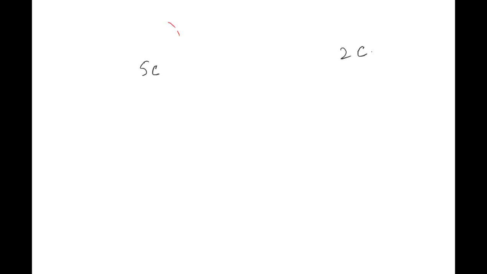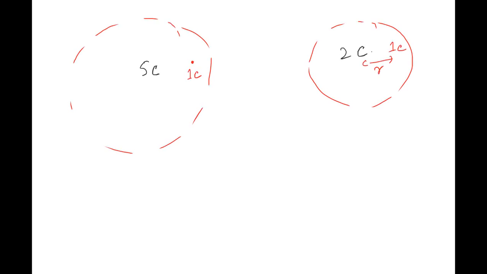Undoubtedly around this charge also there will be an electric field and around this charge also there will be an electric field. But tell me, if I place 1 coulomb of charge here in this field and 1 coulomb of charge here in this field at the same distance, will the force be the same? Will the force on this 1 coulomb be the same in both? No, sir. Of course not, right?